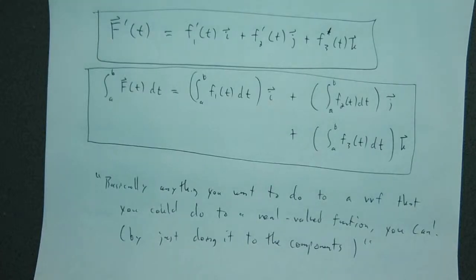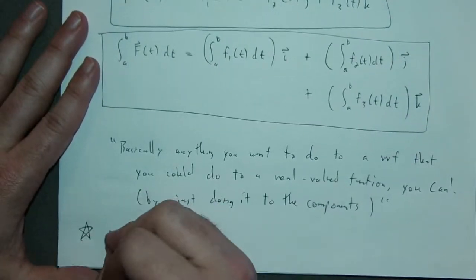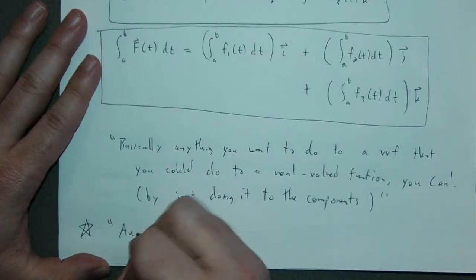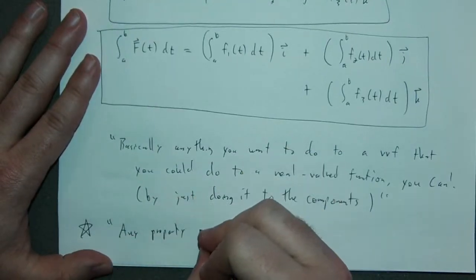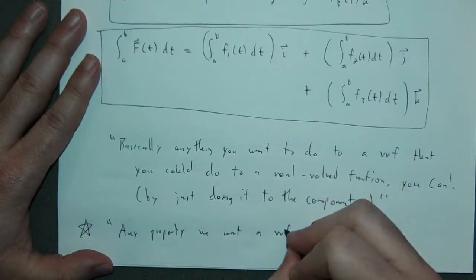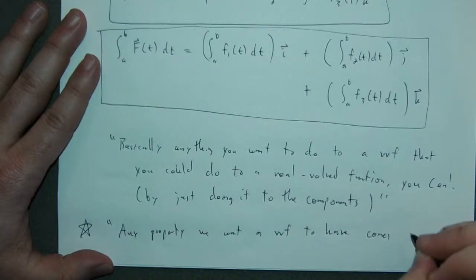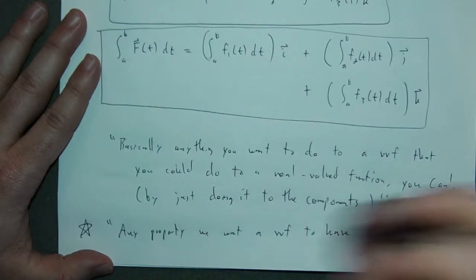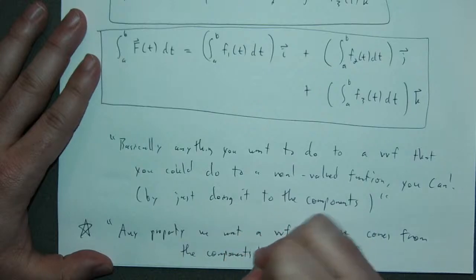What this also says, and maybe this is important here, is that any property we want a VVF to have comes from the components. That's maybe not the best statement.